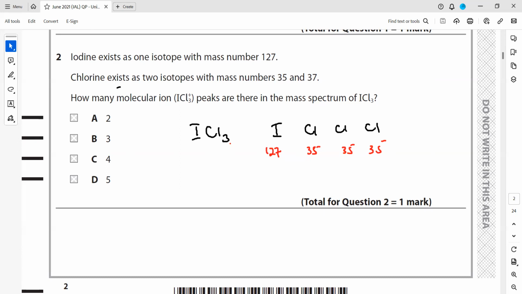You have to just make the combination and add, because of the total mass. So when you add 35 multiplied by 3, which is 105, and 105 plus 127, it will be 232. So this total mass is 232.